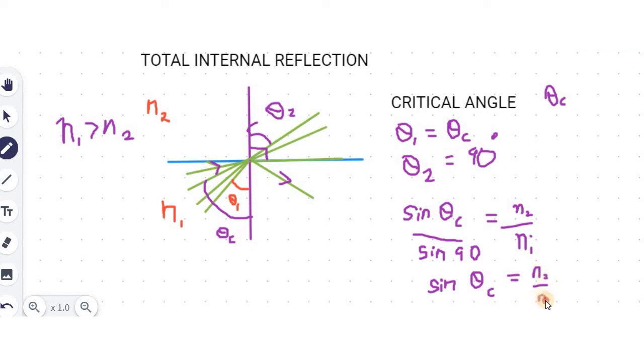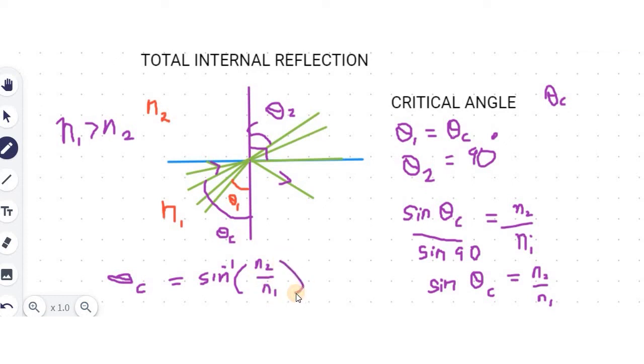So theta c is equal to sin inverse of n2 by n1.